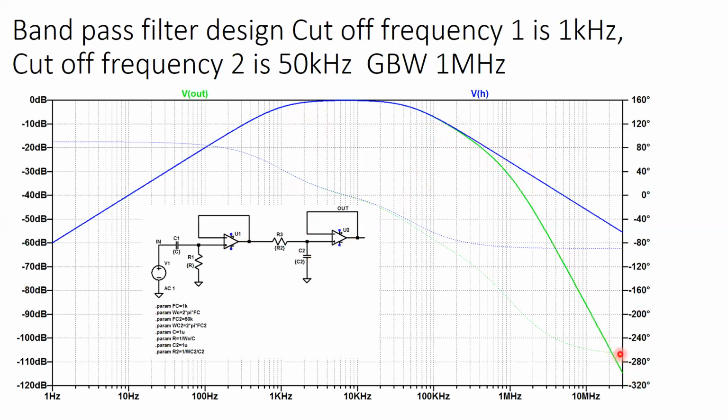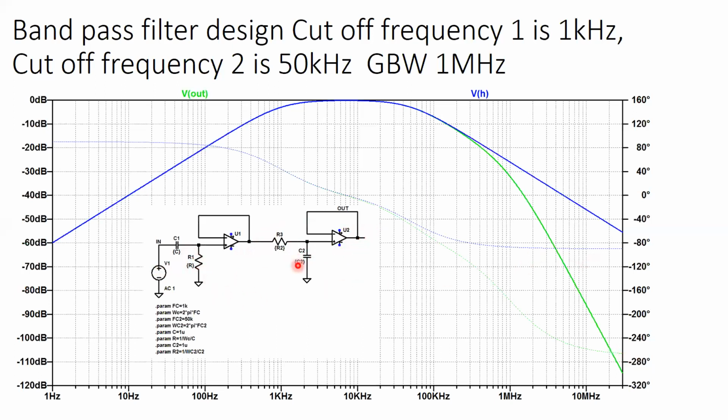If you see the phase is minus 270, I've got to think about that because there's a pole here, there's a pole here, but these two op amps will add extra poles as well.